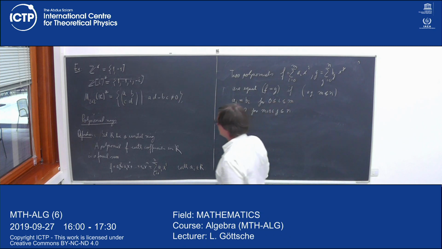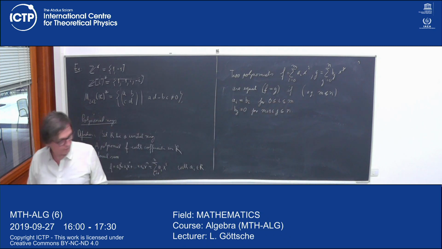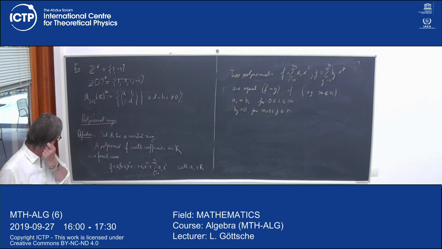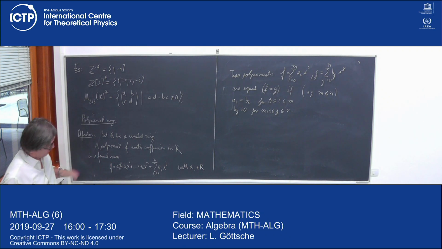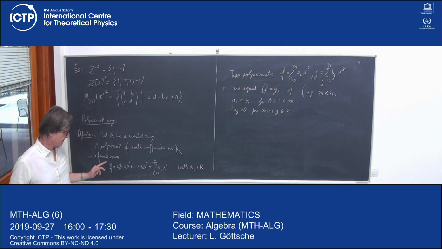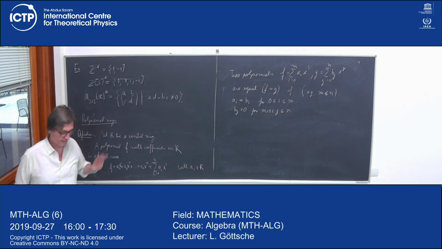One thing I should say, which is important for this algebraic stuff: in school, the polynomial is actually a function, so you view it as a map. We will later do that, but it's not what a polynomial is for us. For us a polynomial is this expression, and that's it.